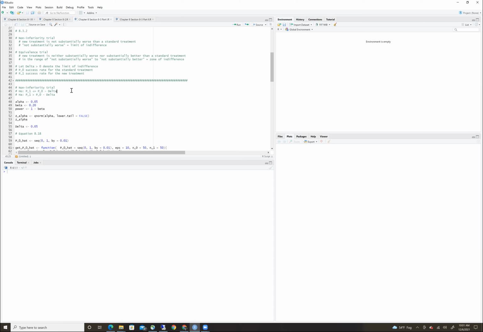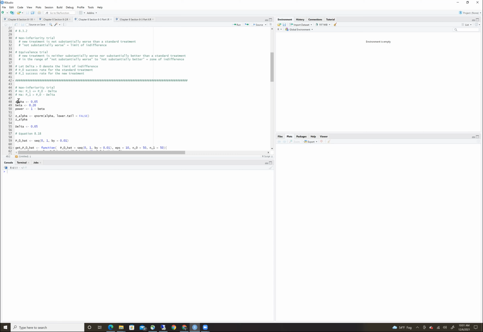All right, so we're testing H0: p1 is less than or equal to p0 minus delta, right? Versus HA that p1 is greater than that limit of indifference, right? From our standard treatment to the limit of indifference.